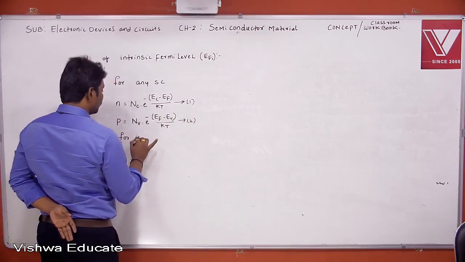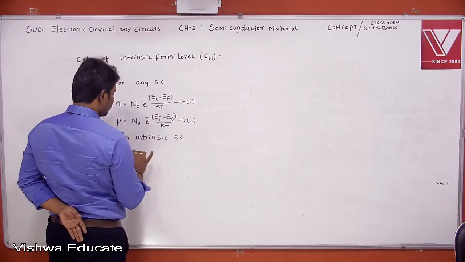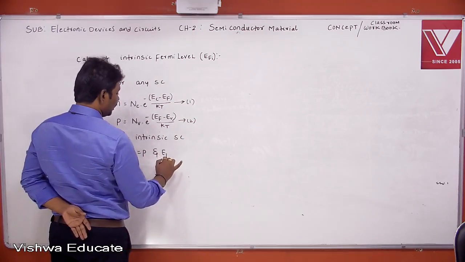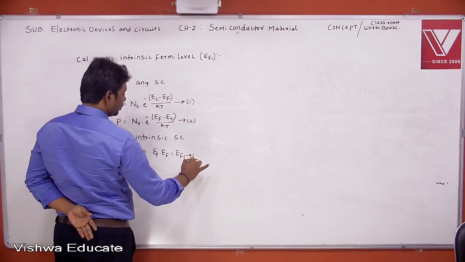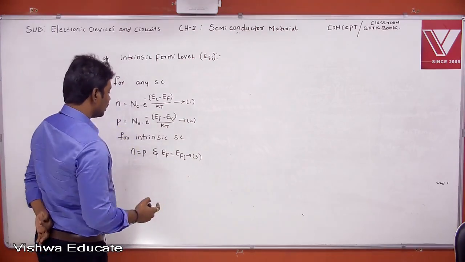Now, for an intrinsic semiconductor, what should be the condition? n equals p, and EF equals EFI. Consider this as equation 3.